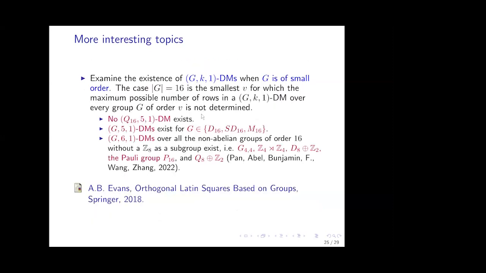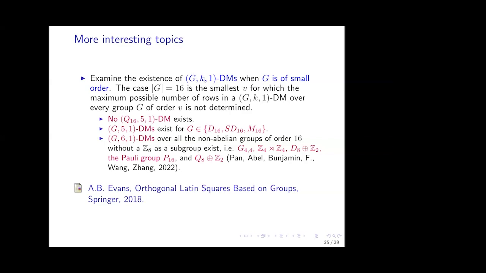Another question is, can we construct a (G, k, 1) difference matrix with a given small value of k for any possible group G? In the literature, I mention Ivan's book from 2018. This book is a very excellent book if you want to learn this topic. In this book, there is a chapter that lists the largest possible number of rows when the size of G is smaller than 16.